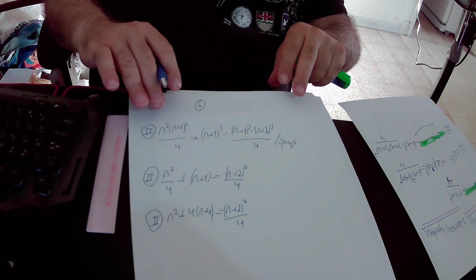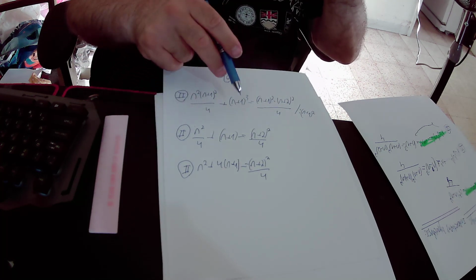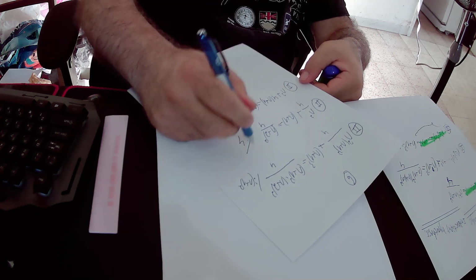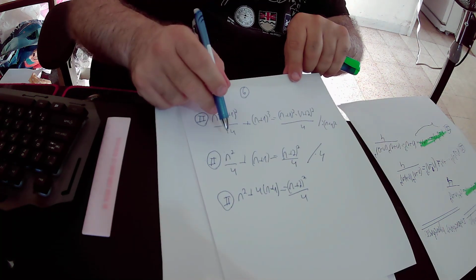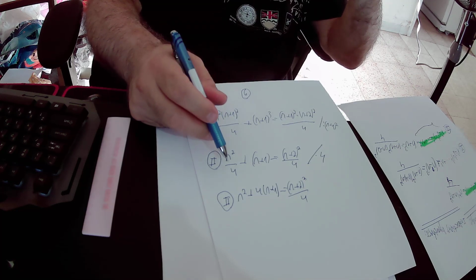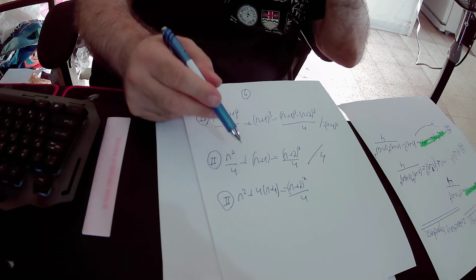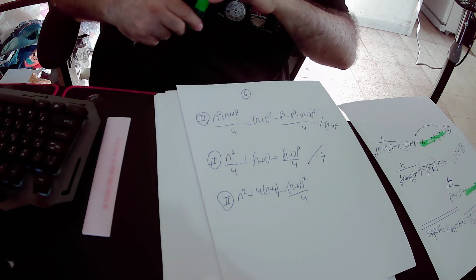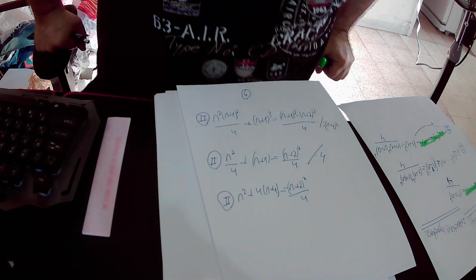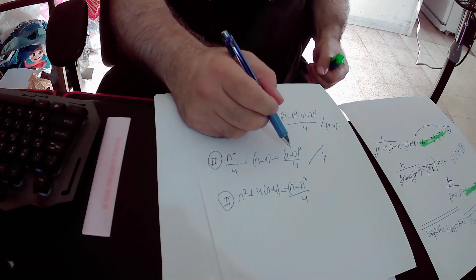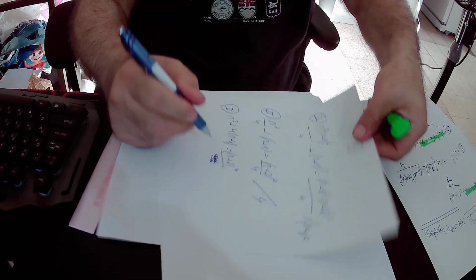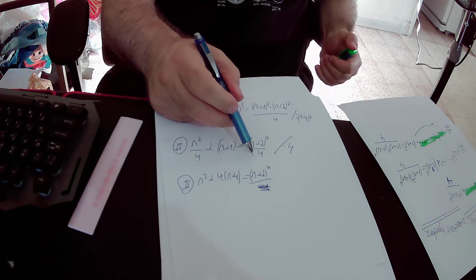So after we multiplied both sides of the equation by 4, we got that n squared divided by 4 times 4 equals n squared, and n plus 1 multiplied by 4 will be 4n plus 4, and n plus 2 squared divided by 4 times 4 will be n plus 2 squared.